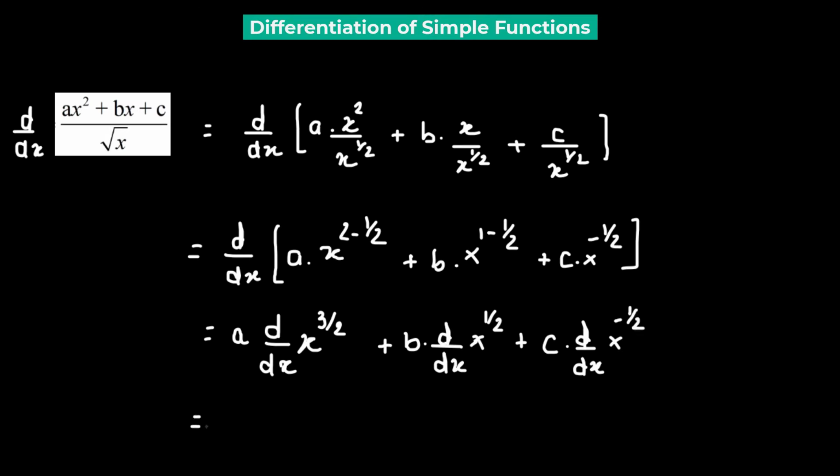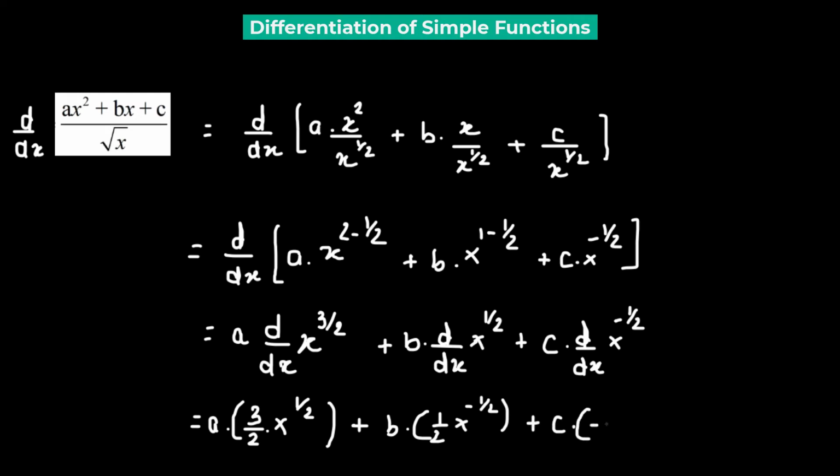So we have finally a times 3 over 2 times x raised to the power of 3 over 2 minus 1, which is going to give us half, plus b times half of x raised to the power of half minus 1, which is going to give us -half, plus c times -half times x raised to the power of -half minus 1, which is going to give us -3 over 2.